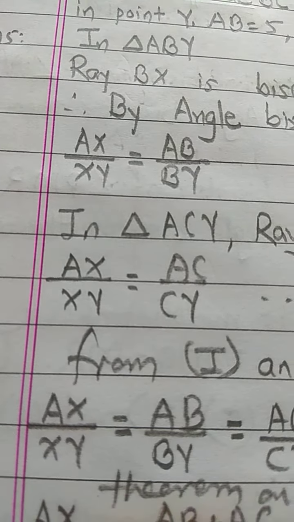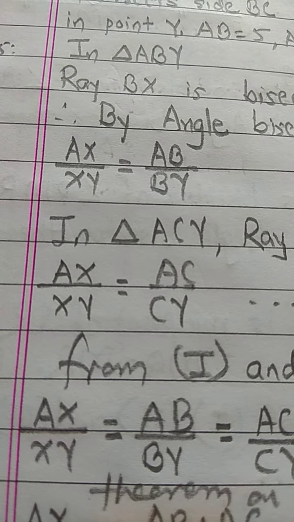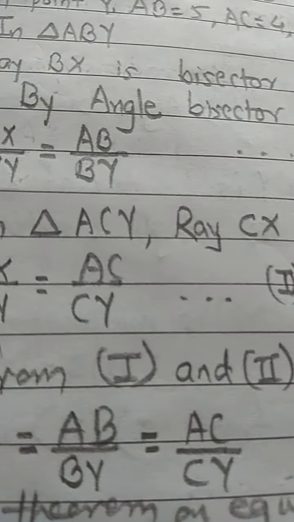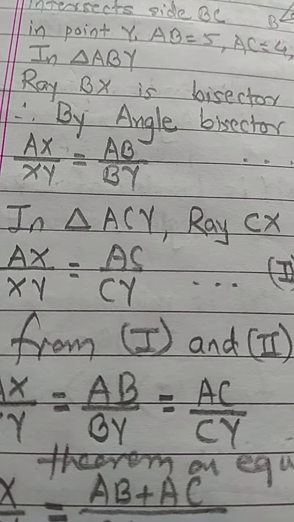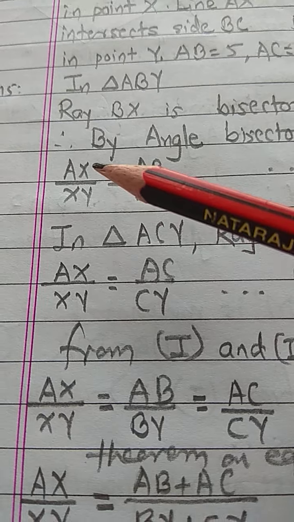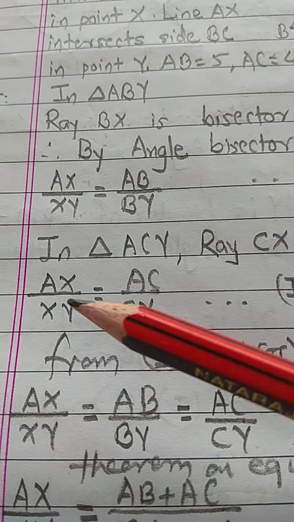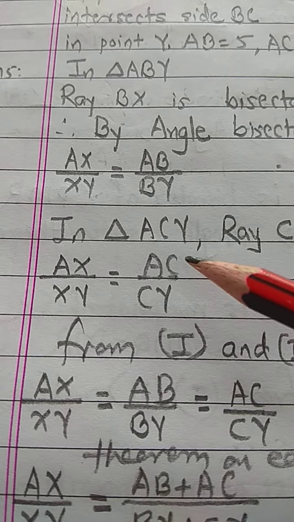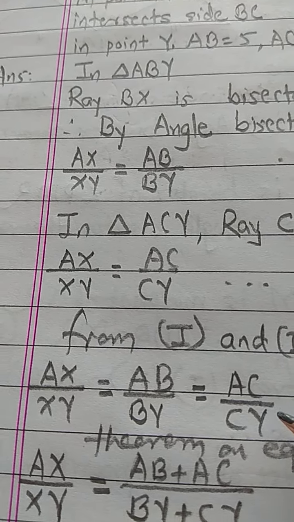By observing the two triangles, by applying the angle bisector theorem, we can have these two statements, statement number 1 and statement number 2. But in both the statements, AX upon XY is the same thing. So we can write AX upon XY is equal to AB upon BY is equal to AC upon CY.